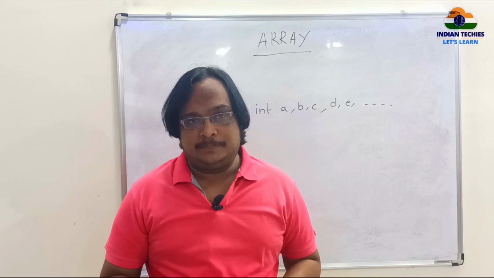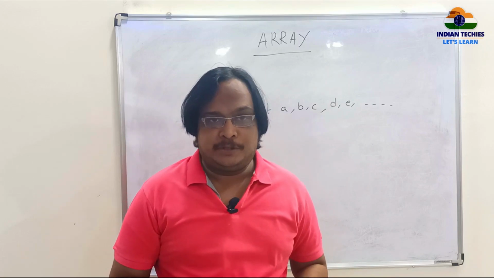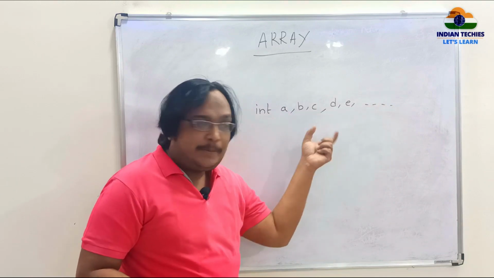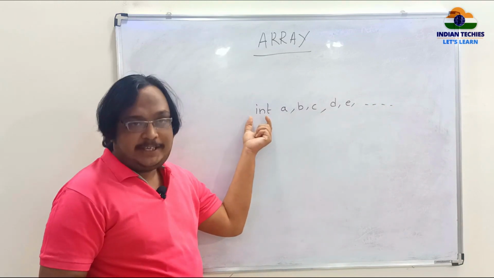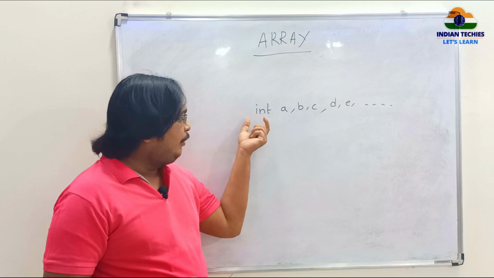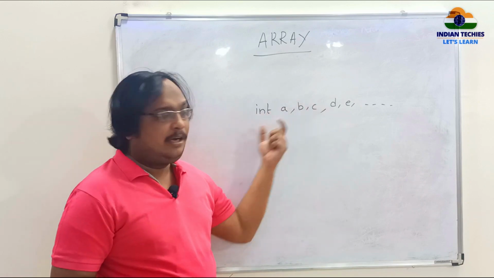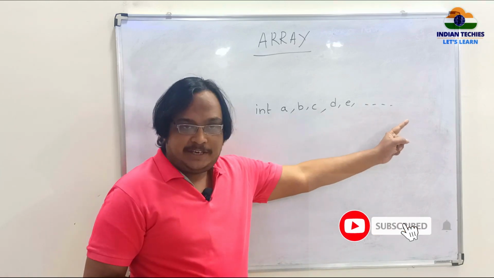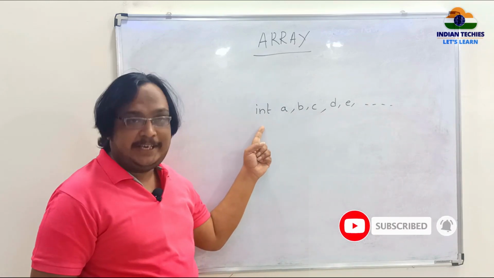To avoid such problems: the names are all different, but these all belong to the same data type. Whether you are collecting all integers, all characters or all floats, the names of the variables are different, but they belong to the same data type.